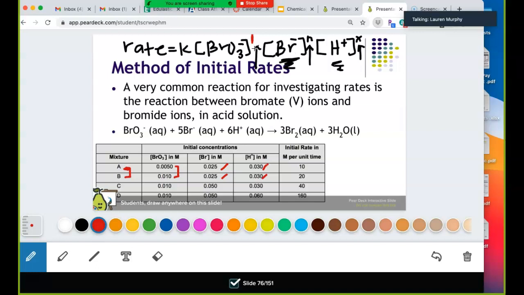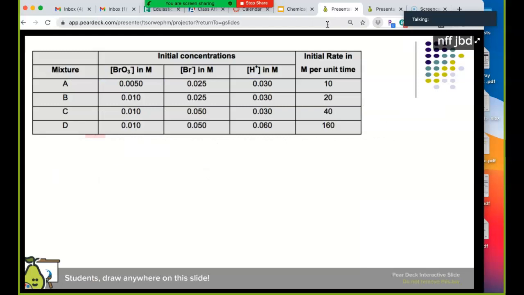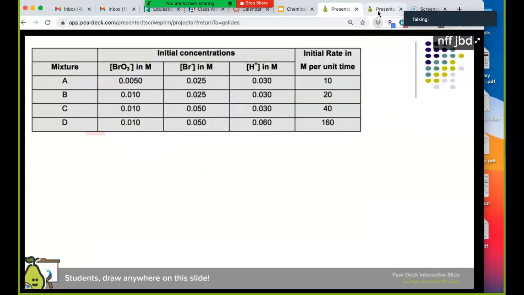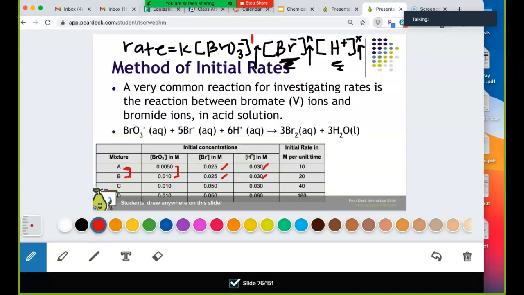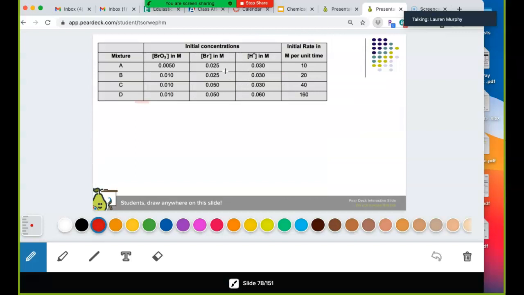Okay, so we go next. Let's do bromide. So if we want to focus on the order of bromide, we would like the bromate and the hydrogen ion to not be changing. That is ideal. It is possible to do it when that doesn't happen, but for right now, that is the most ideal if we can make it work.